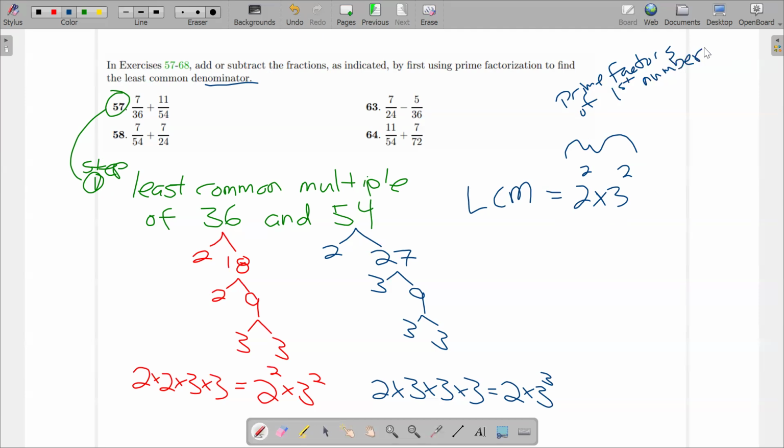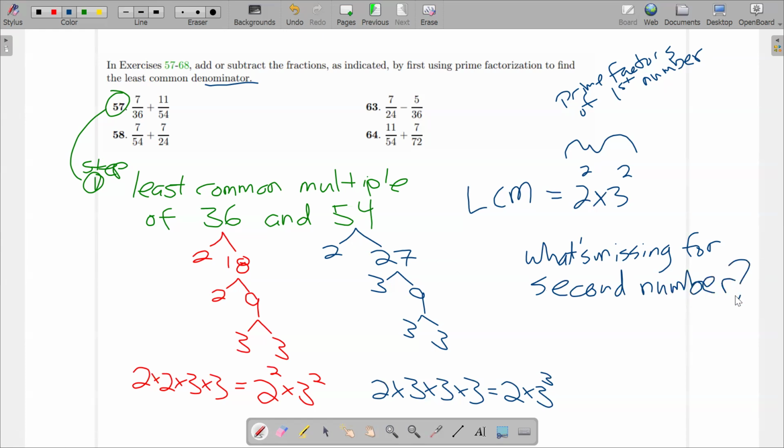Then for the second number I ask myself some questions. Is there anything missing? Are there enough 2's here? The answer is there are more than enough 2's. I don't need any more.